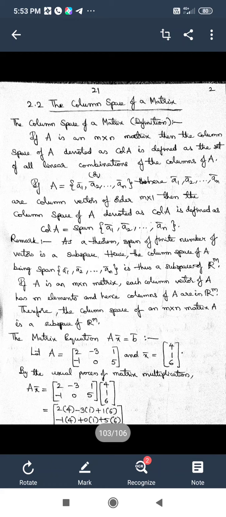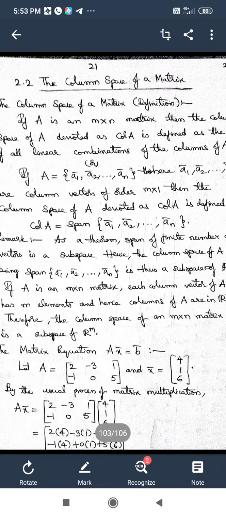I have defined the column space of a matrix in two ways.